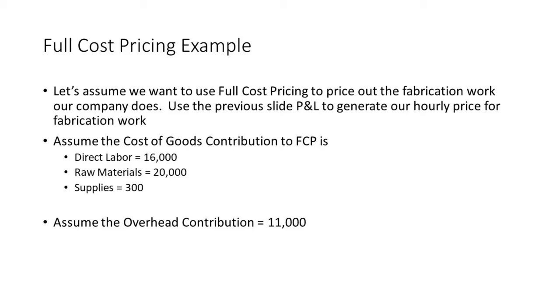And then finally, of the total overhead cost we had on the profit and loss statement, we're going to allocate $11,000 of that to our unit cost basis for fabrication, because we've just made a decision that that's probably how much of our overhead really does support the fabricators. And so in a given month, the full cost for our fabrication services runs $47,300.